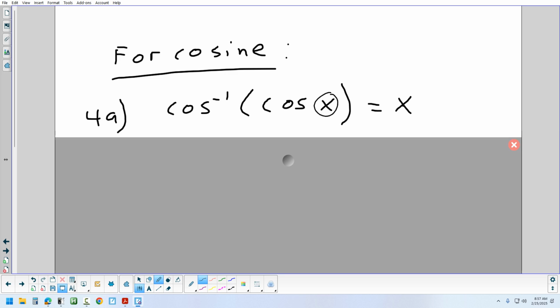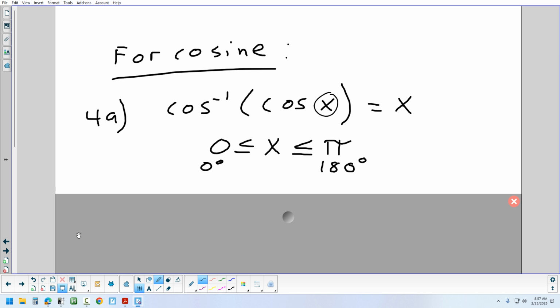Yep. 0 to 180. So if you type in a number between 0 and 180, these will cancel, and you'll get back whatever you typed in. If you type in a number not between 0 and 180, you will get an answer back. It will be a number. It just won't be the number you started with.